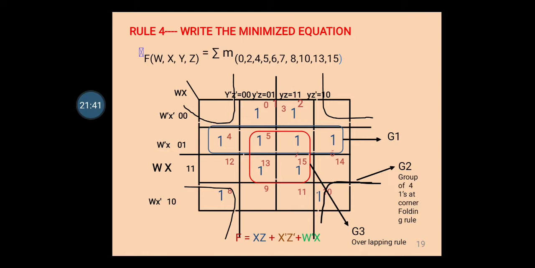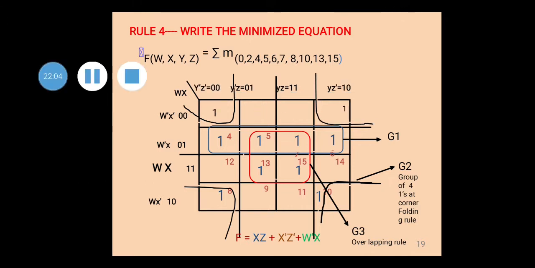So check out, all the groups are already formed. Different types of group formations are shown here: group 3, group 1, group 2, and then group 4 is also there. You have to always remember, if four ones are coming in the four corners of the table, that will form a group of 4.